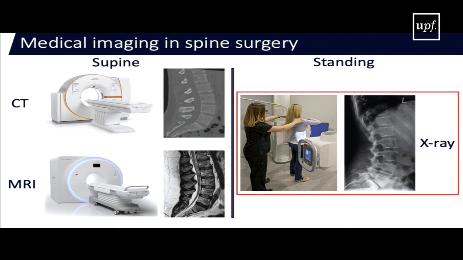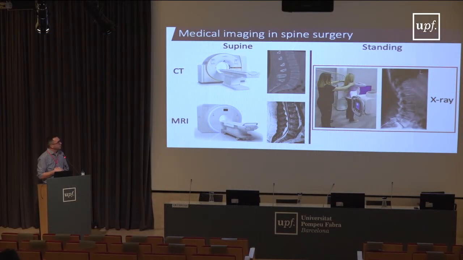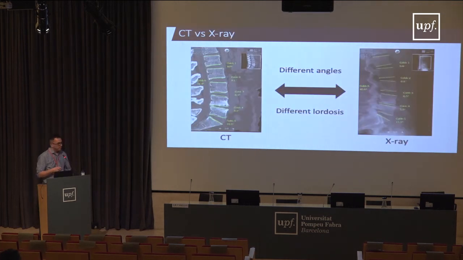For example, here you can see the same patient's pictures from different imaging modalities and in different positions. So we should somehow solve the problem that the data for modeling coming from the CT in supine position can be really different from the data in standing position, where the everyday loading is realized.